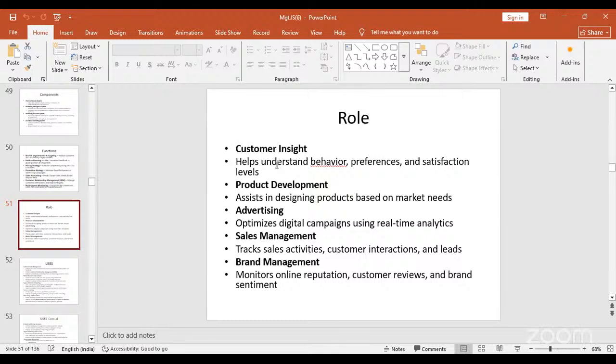Then product development, that assists in designing products based on market needs, according to the taste, and according to the modifications and feedback regarding the product. Then advertising optimizes digital campaigns using real-time analytics. In general advertisement, you find 2D pictures, only photos are there.